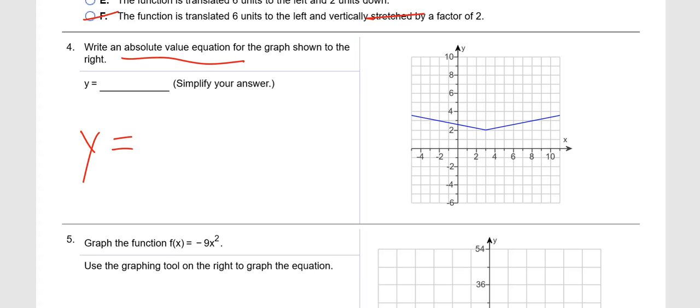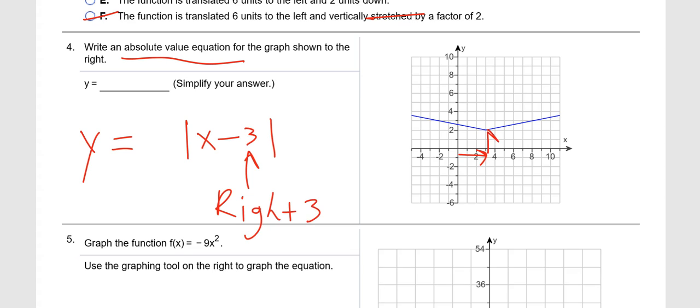We know it's an absolute value, and we know that it's been moved right 3. So if I want to say right 3, that would be x minus 3. That's right 3. And we went up 2. So in order to say up 2, we'd have to put a plus 2 on the outside.